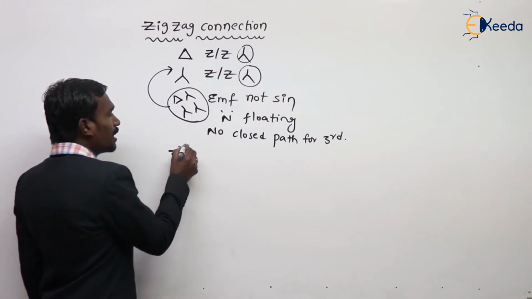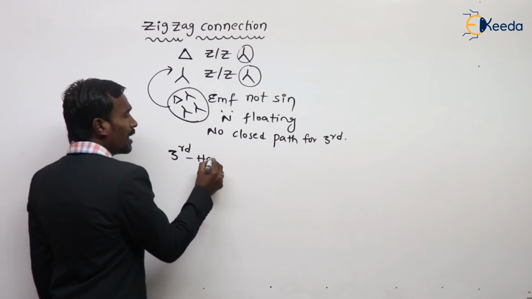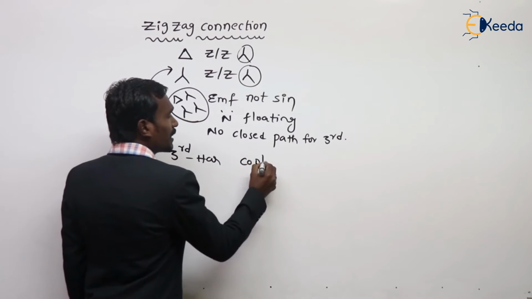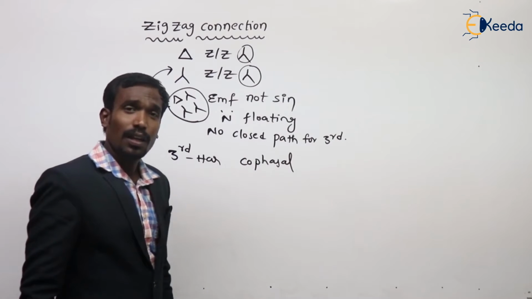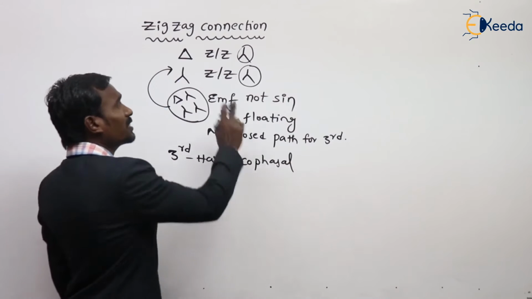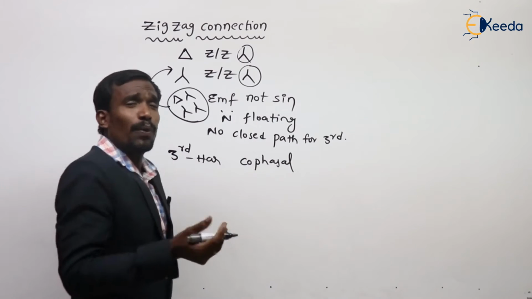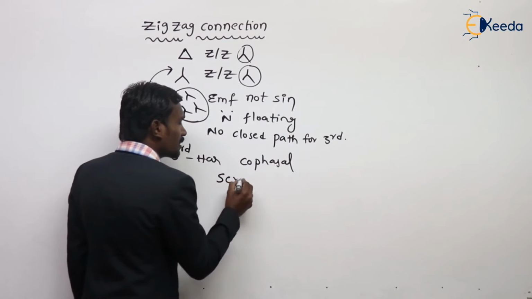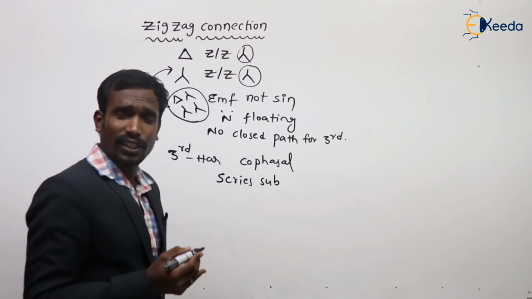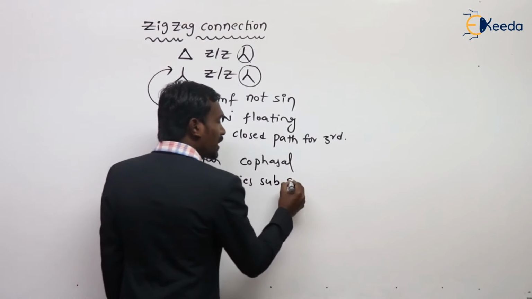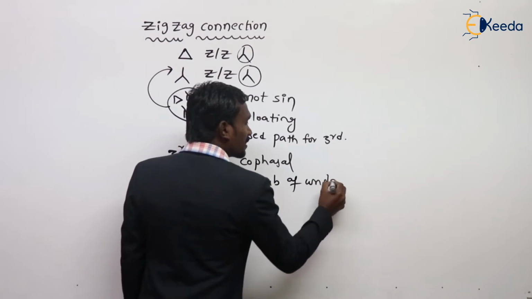Generally, the third harmonic components are co-phasal in nature. That's why in zigzag connections we are providing series subtraction of windings.